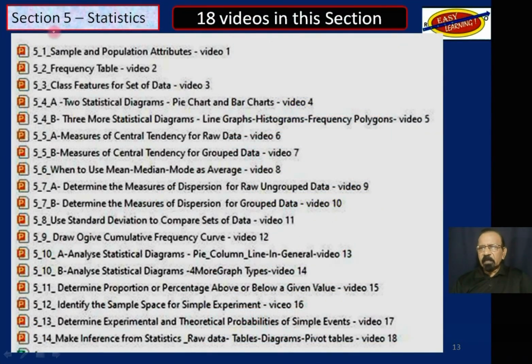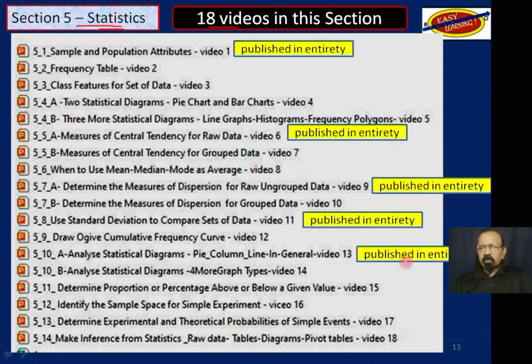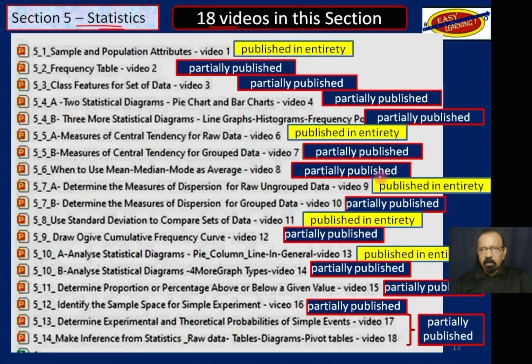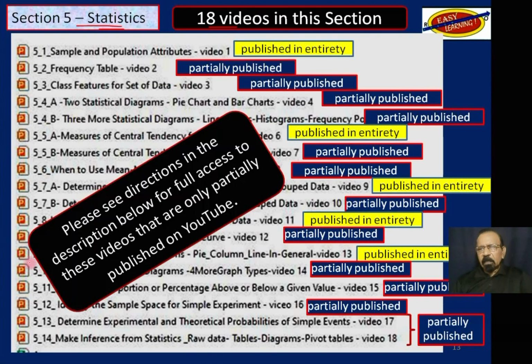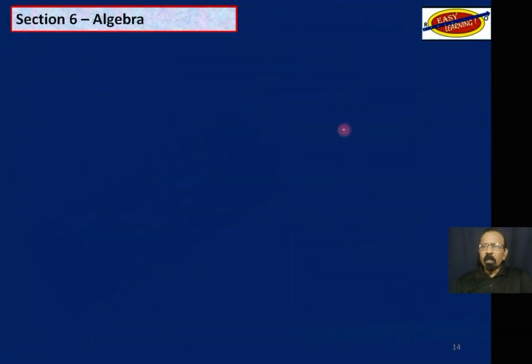Section 5, statistics, 18 videos. Some of these have been published on YouTube in their entirety, the others only partially. Again, if you need full access to these videos that are only partially published on YouTube, please see directions in the description below.